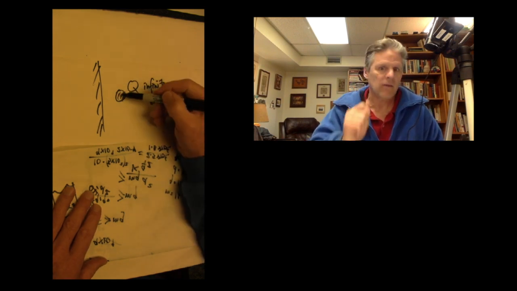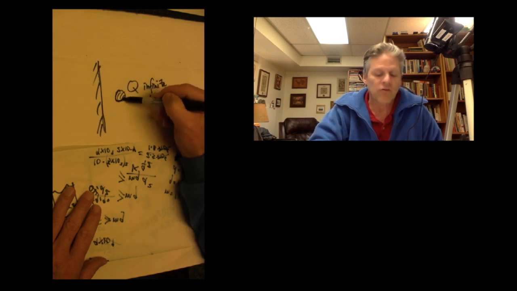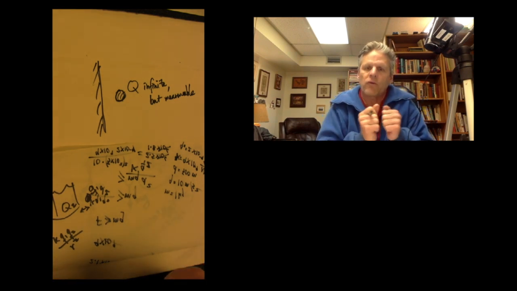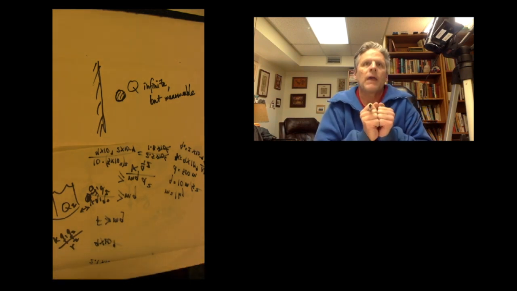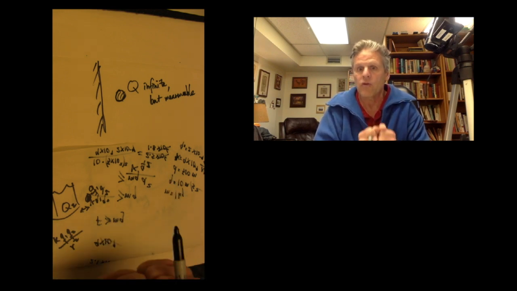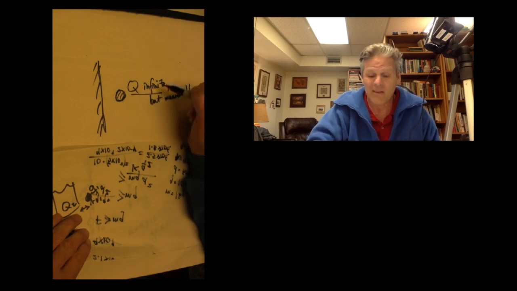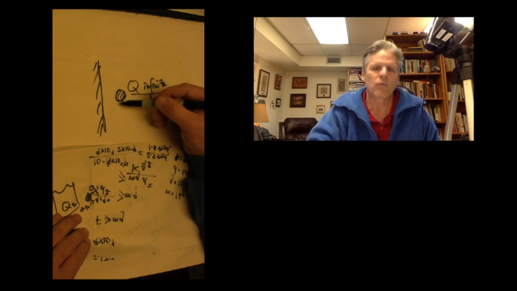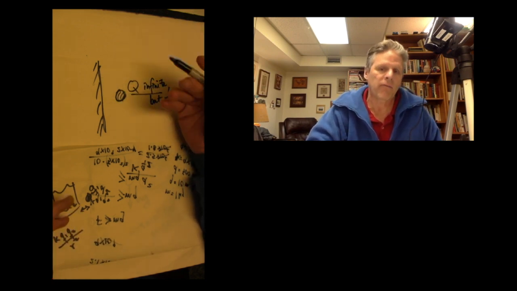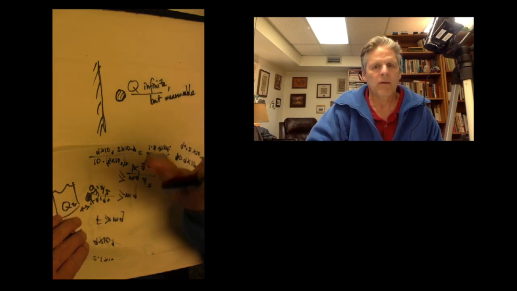And the way to think about it is the charge density here and the charge density here would have to be the same in order for the forces to be equal. And we know that when forces are equal, that charge will move in a conductor until the forces are equal. So the trick is that because we call this an infinite charge, what we're saying is no matter how much of this goes to the plate, it's still going to have half of it left. I can understand where that might create some confusion.